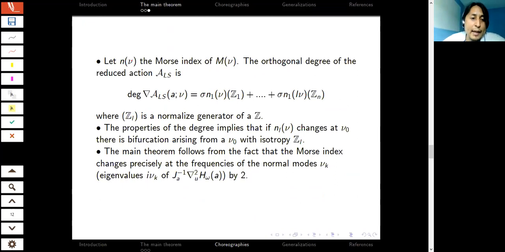Let n of nu be the Morse index of the Fourier component of the Hessian of the action at the equilibrium, right? Then I can compute the orthogonal degree of the reduced action around this point. This is like the index around the point A and nu for the gradient.